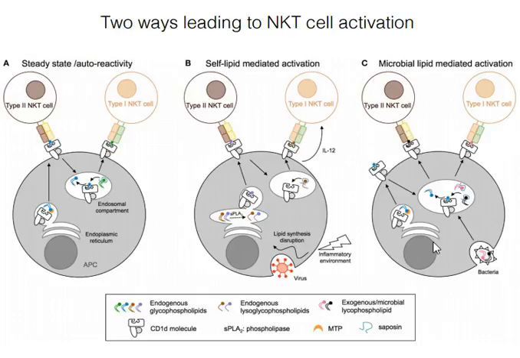But obviously, when they saw activation with, for example, a virus, which they don't think has any lipids on it, they didn't understand why there was activation of NKT cells. So what they think happens is the virus causes a lipid synthesis disruption and an influx of self-lipids which are presented, but it also causes an increase in cytokines. So we've got this self-lipid mediated activation and this interleukin 12 happening at the same time, and that's another way to activate NKT cells.